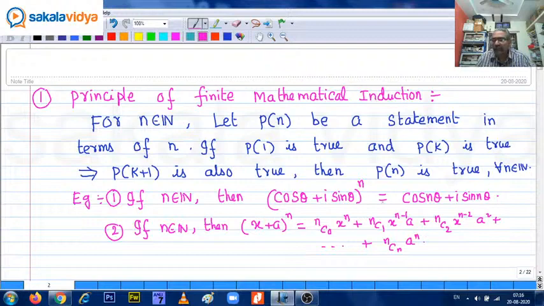So just for example, I considered these two theorems. Not only these two, most of the mathematical theorems will be proved with the help of mathematical induction. Generally we use finite mathematical induction.